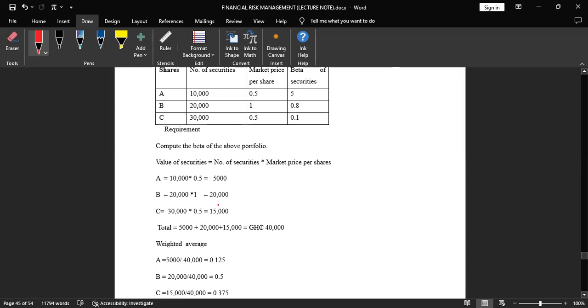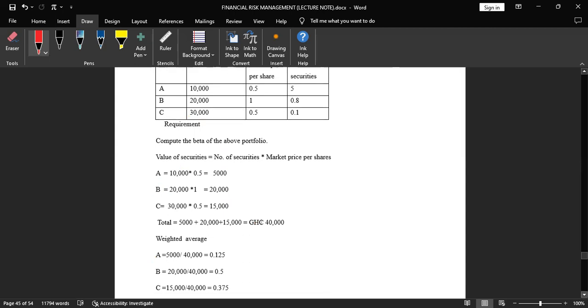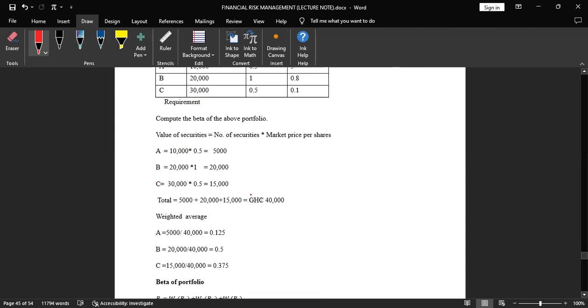Now we invested in all of these, so we want to know the total amount we invested. We add all these values and we got 40,000. And the weighted average for A is 5,000 over 40,000.